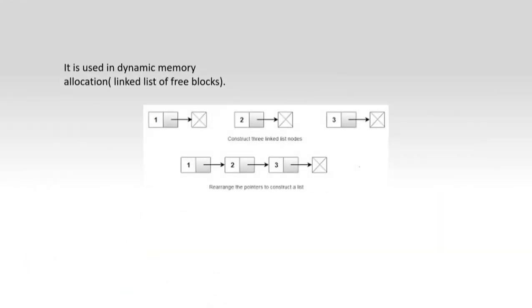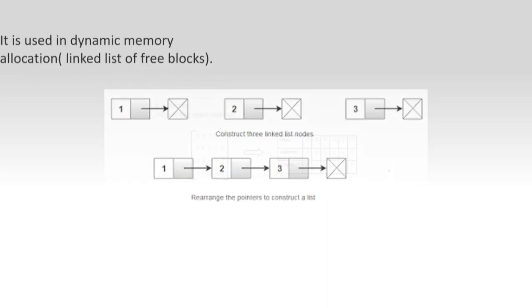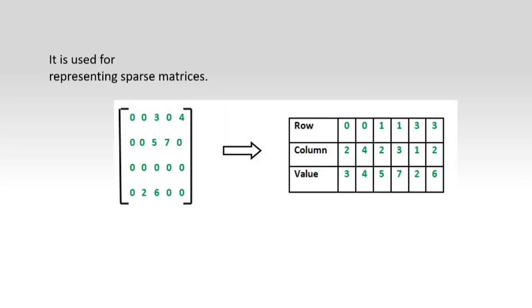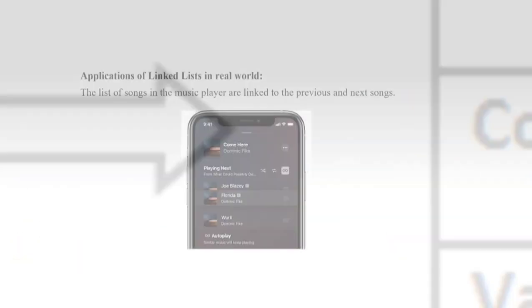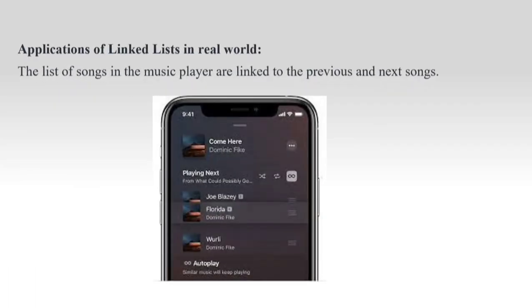And also it is used in dynamic memory allocation, linked lists of free blocks. It is used for representing sparse matrices. And before going to real life applications, one of the important applications is my current topic, polynomial representation.